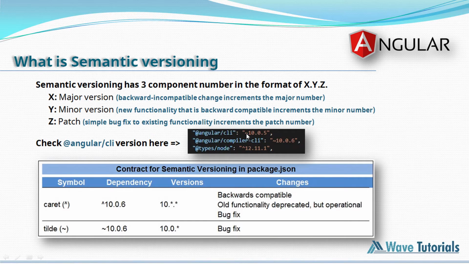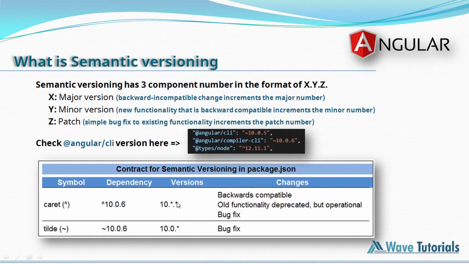You can see here a tilde sign before 10 and there is a caret sign before 12 in types/node. So there is a difference between the tilde and caret signs. Whenever there is a caret sign placed before a version, and you update your packages, then it will upgrade the last two parts, the minor version and patch version, which will give you backward compatible changes, the old functionality deprecated but operational.